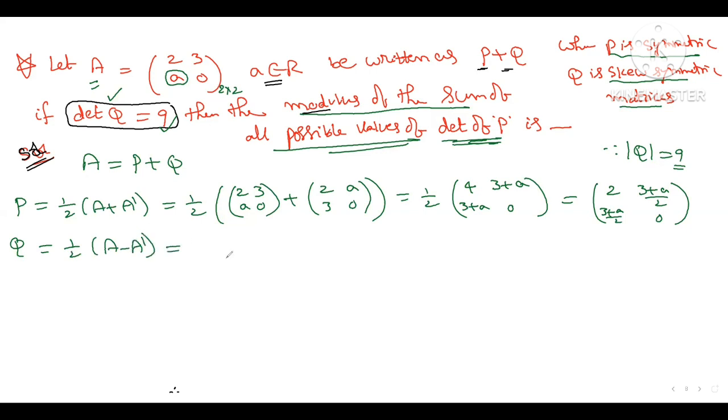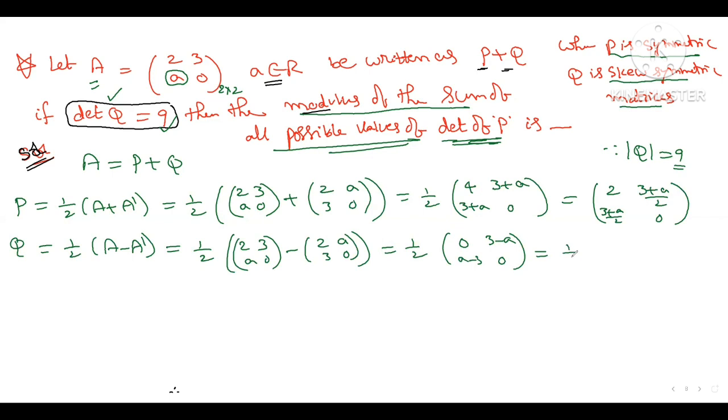Okay, now the Q matrix is 1 by 2 times of A minus A dash. The skew symmetric matrix formula is 1 by 2 times of the subtraction 2, 3, A, 0 minus 2, A, 3, 0. What we get here? 1 by 2 times of 0, 3 minus A, A minus 3, 0. Multiplying 1 by 2 to all, we get 0, 3 minus A by 2, A minus 3 by 2, 0.